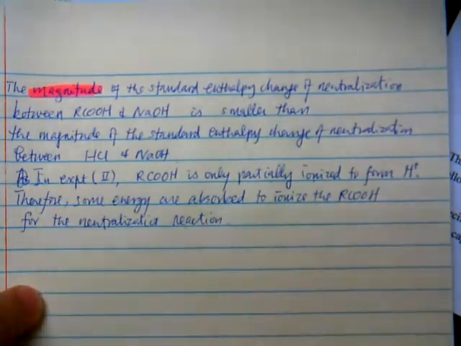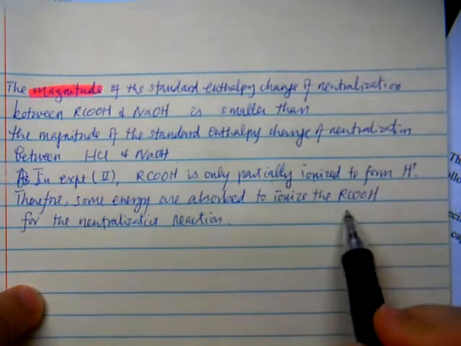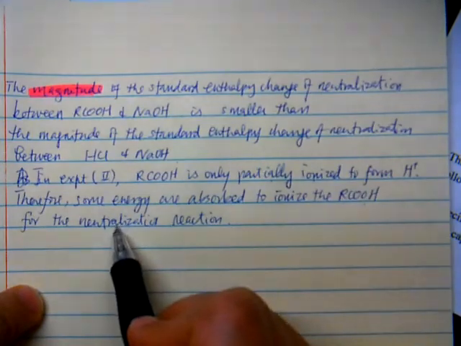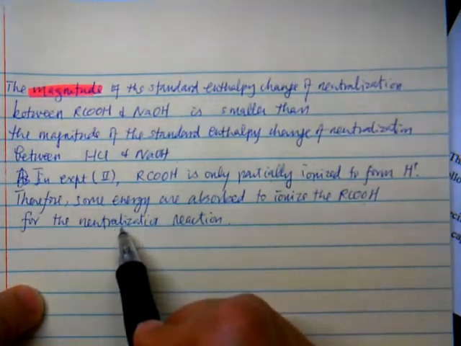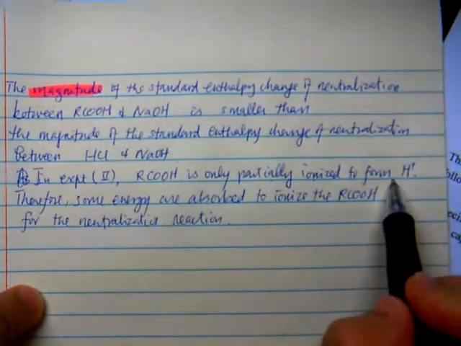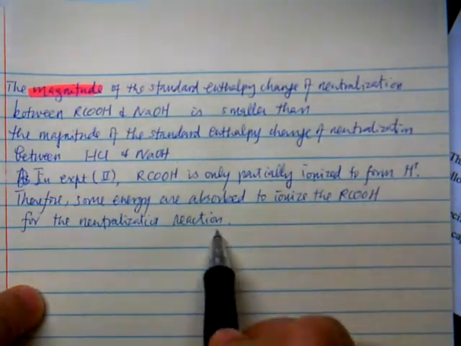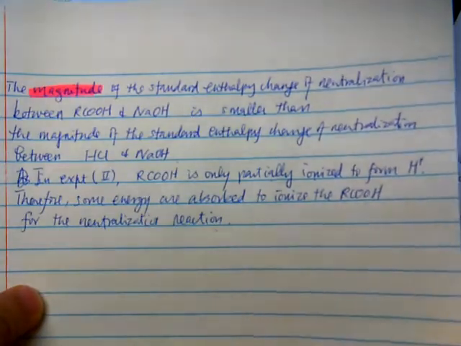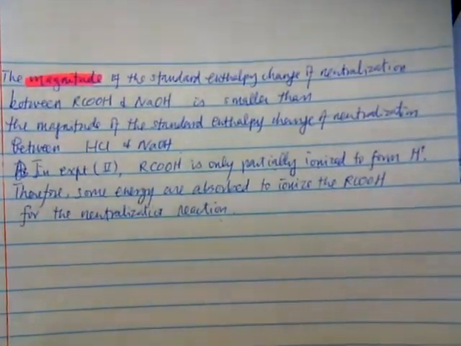Do you understand? We need to force the molecules of the weak acid to ionize further, to ionize completely to form hydrogen ions for the neutralization reaction. Energy is needed. Okay?